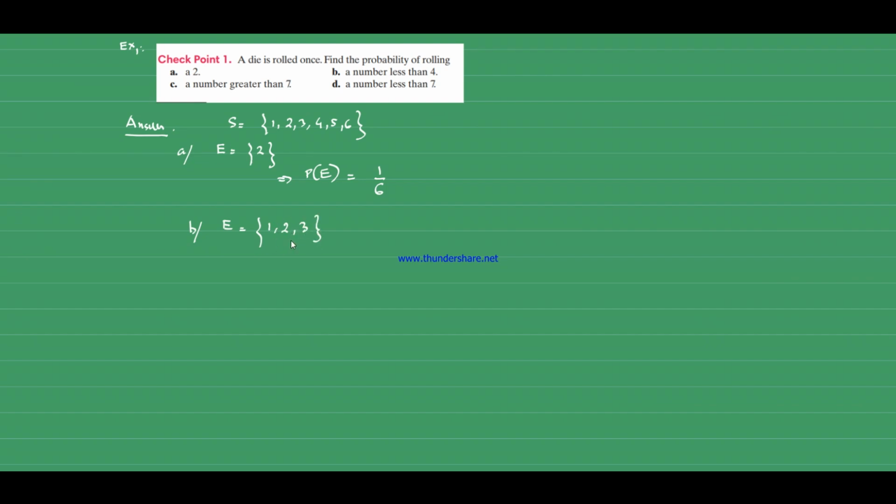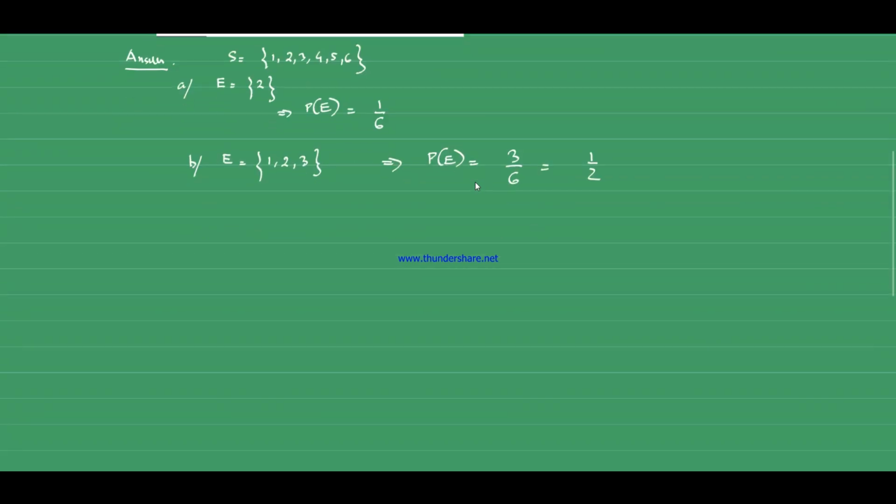There are 3 elements in the event, and 6 elements in the sample space, so the probability is 3 over 6, which is 1 over 2.